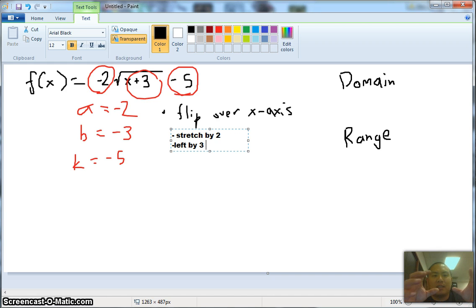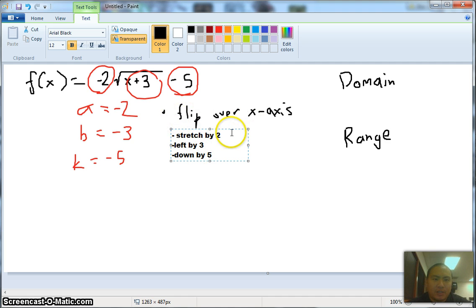Essentially it's what inside there would make it 0. So negative 3 would make it 0. Anything past negative 3, like negative 4, would be imaginary, so it wouldn't fit on our real graph, or real Cartesian coordinate if you want to say it that way. So left by 3, and then down by 5. And that's the k.